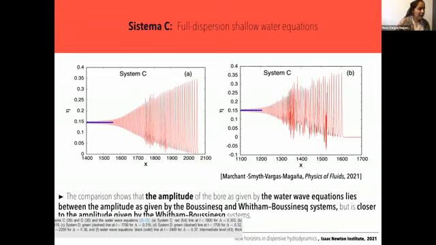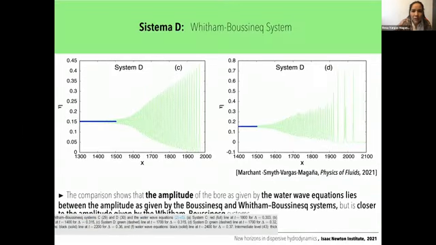This is for system C, that has a modulation instability very early, for an initial jump of 0.3. And this is for the Whitham-Boussinesq system.